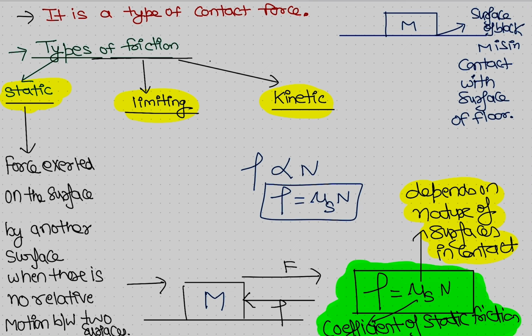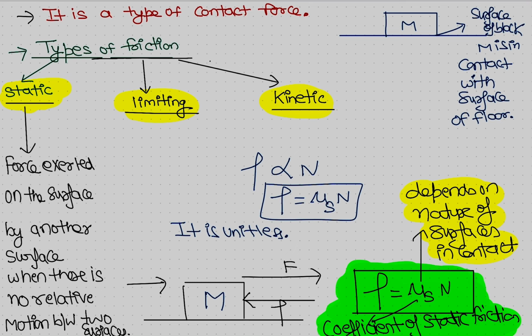So guys, can you tell me the unit of the coefficient of static friction? It is unitless, because the frictional force is in units of Newton, while normal force is also in Newton, so both cancel. Mu s is a number or a scalar quantity, right? Meanwhile, mu s only depends upon the nature of the surfaces in contact.